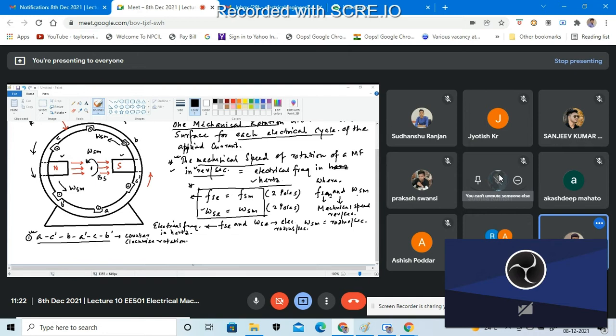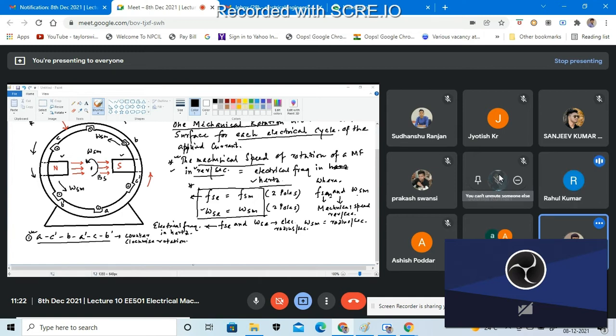We are following the same counterclockwise direction, not the clockwise rotation. If this pattern, A C dash B A dash C B dash, repeats twice in the stator, what actually happens in the field?